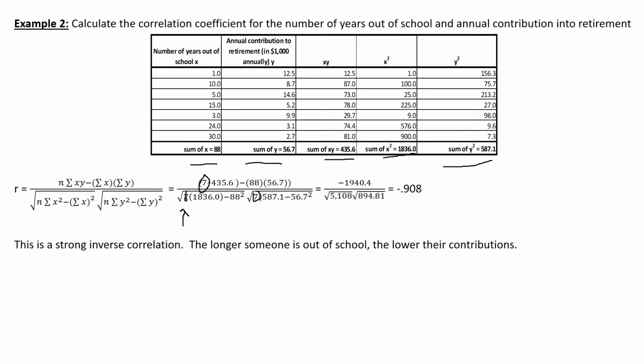There's 7 there, then 436.5, which is the xy. Then it is sum of x times sum of y, 88 times 56.7. In my denominator, I've got my number of samples, then my x squared, which is 1836, minus my x, 88 squared, and then 587.1, which is my y squared.